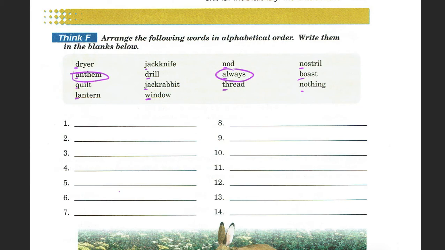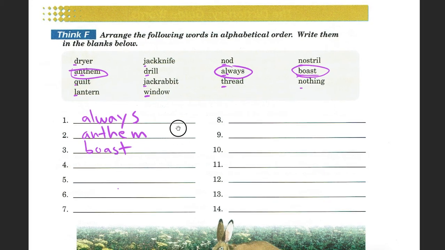They both start with A. So let's look at the second letter, N and L. Which letter comes first, N or L? L, M, N, right? So L, always, is first. Then anthem. So what's the third one? Any B words? Yep, boasts. It's the only B word, right? So boasts is the third word. All right, so you'll keep going.